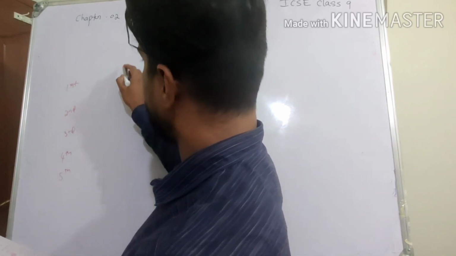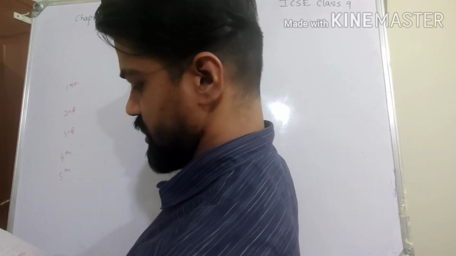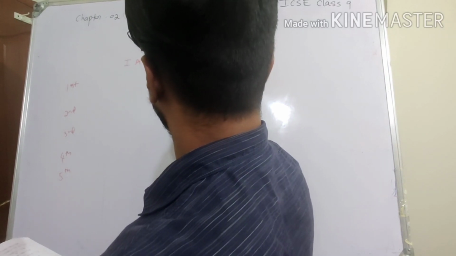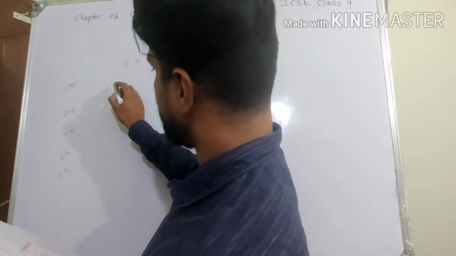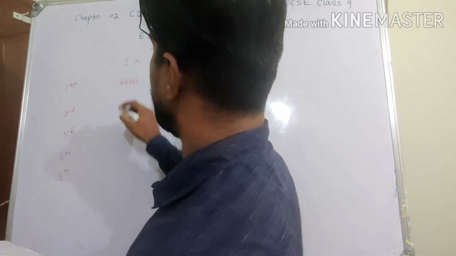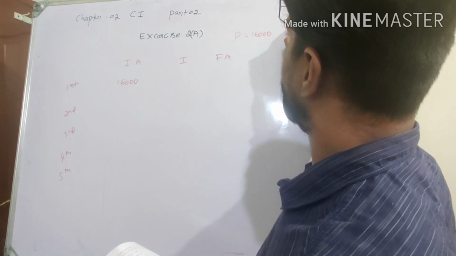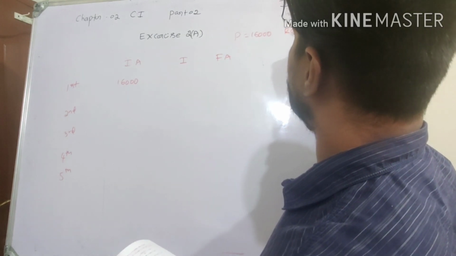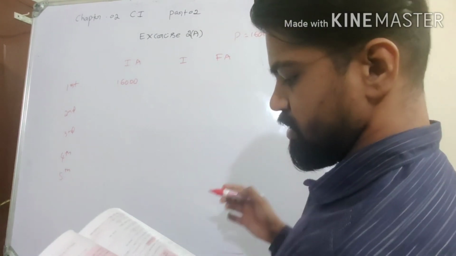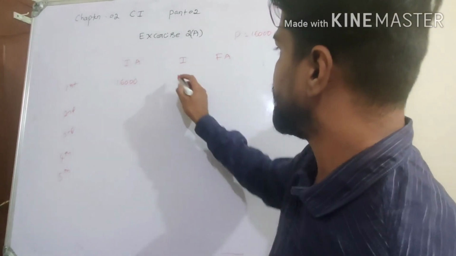They give the initial amount, interest, and final amount. The initial amount is 16,000, which is the principal, and the rate of interest is 5% per annum. They have filled this already.